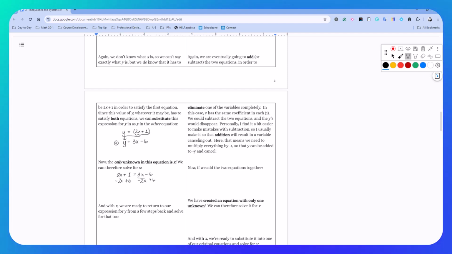So doing this, what I'm doing is isolating the x terms and isolating the constant terms. So these get canceled. And now I'm left with 1 plus 6 on this side and 3x plus a negative 2, which is 1x on this side. And I've solved for x.